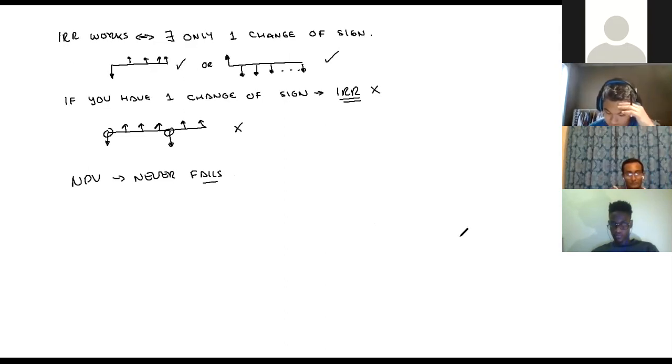Okay, so let's do one additional exercise, and you do this in Excel, okay? So assume that you have the following cash flow.